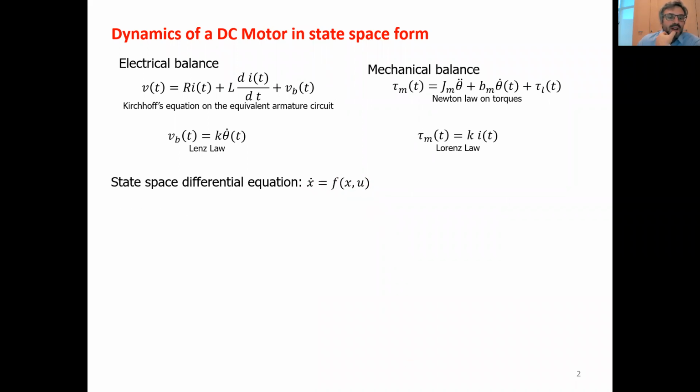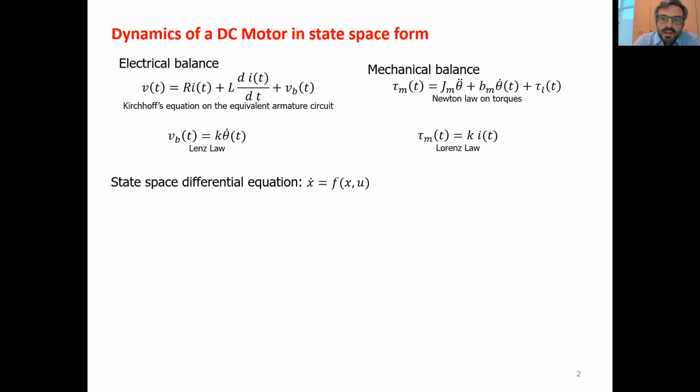And in the case of our system, what are the inputs, in your opinion? Any idea? Can you repeat the question?